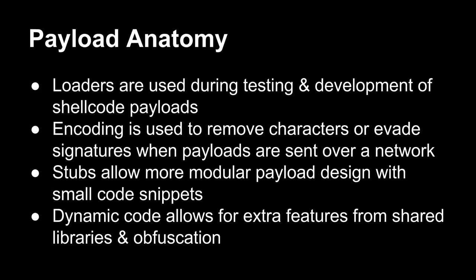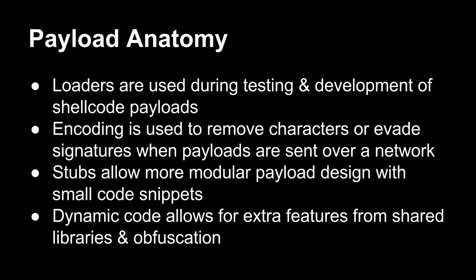These are used to evade signatures, IDS systems, and to bypass any character filters that may be present in the attack vector. Often, most people are exposed to encoders through Metasploit, Shikata Ga Nai. I think that's their most famous and popular encoder option for their modules.